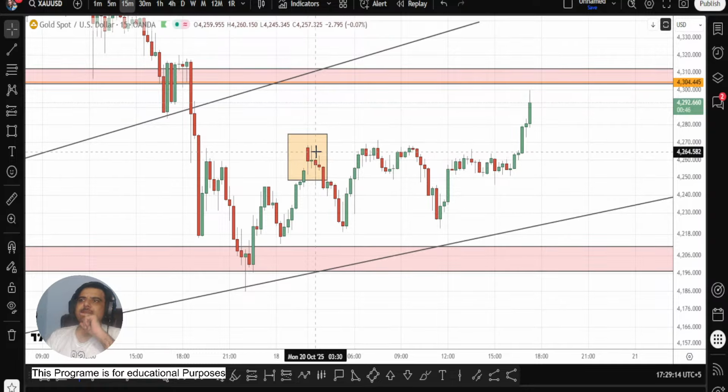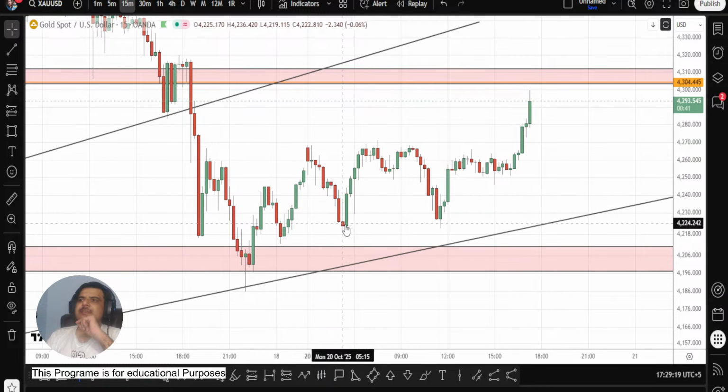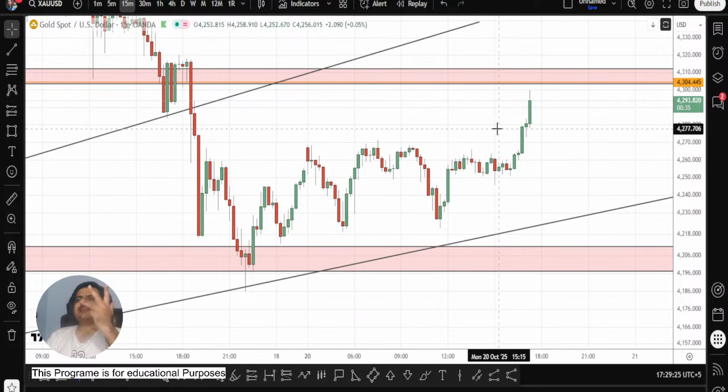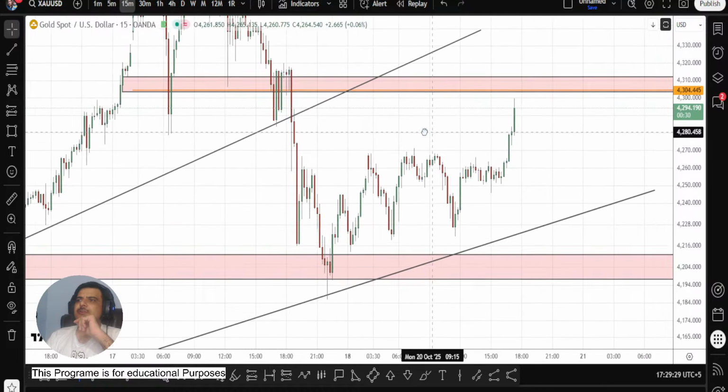As soon as the market opened, it gave us a correction back down. After the correction, obviously everything is right here in front of me, so I don't want to go into the detail of it.